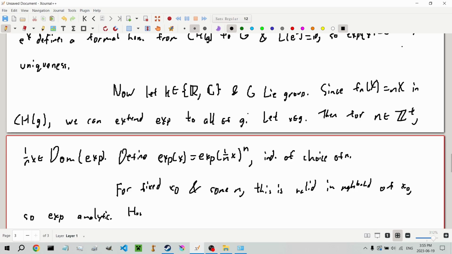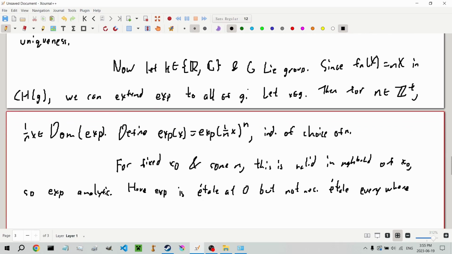We also have that exp, our exponential here, is a local isomorphism at 0, but not necessarily a local isomorphism everywhere or bijective.